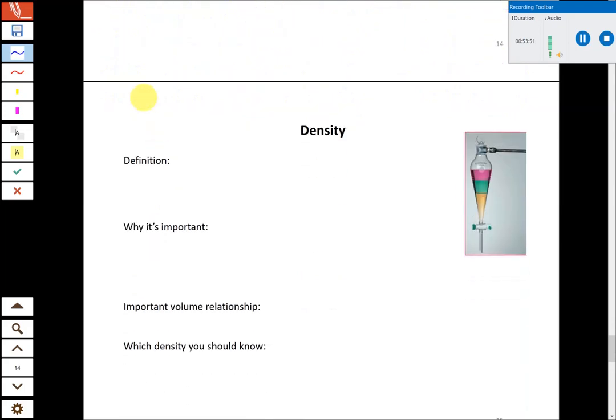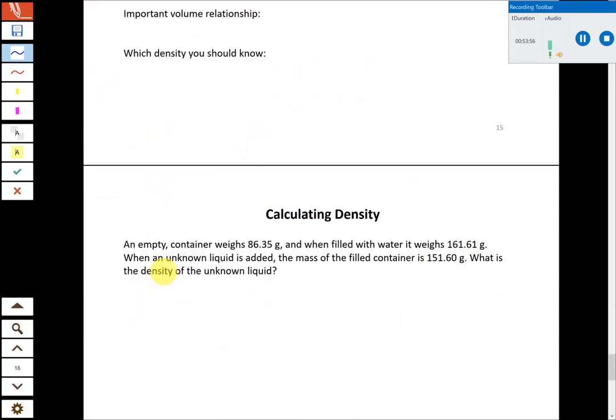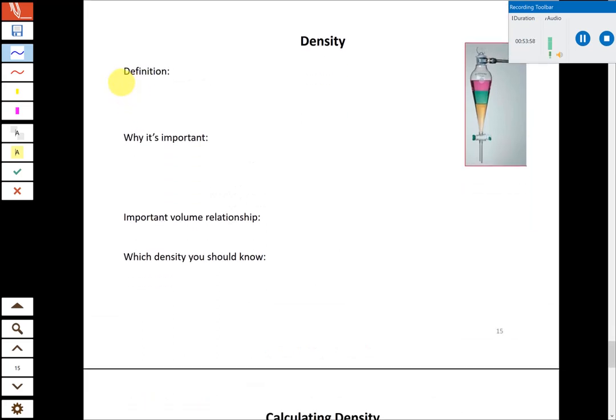Okay, the last concept that I want to go over, I think it's the last concept, yes, is density. So density is something that is fairly important in chemistry. It's certainly a concept that we will see from time to time. And its definition, and this is something that you likely learned in high school and will probably also see in physics courses in addition to chemistry, is that it's a ratio quantity.